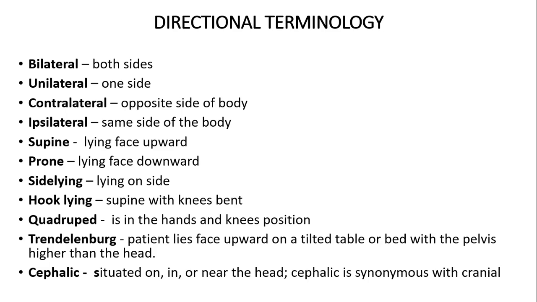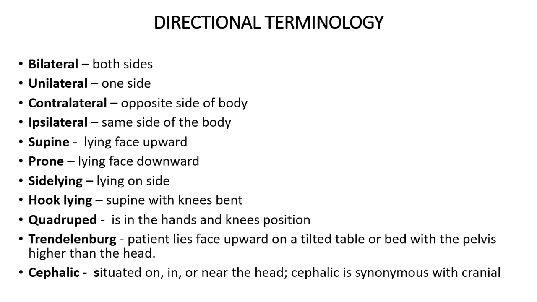The Trendelenburg position is where the patient is lying supine, but the table is tilted. It's tilted in such a way that the pelvis is higher than the head, which means when the table is tilted, the head is in the down position. The head is down here and the pelvis is up here.